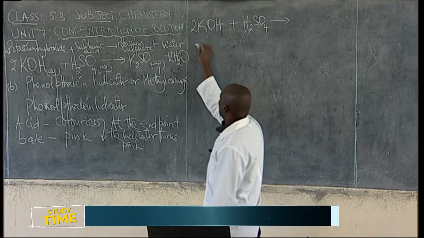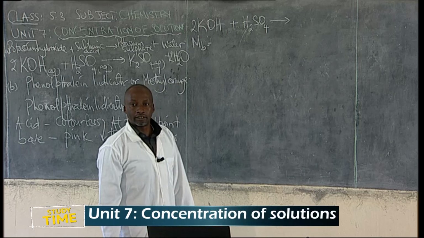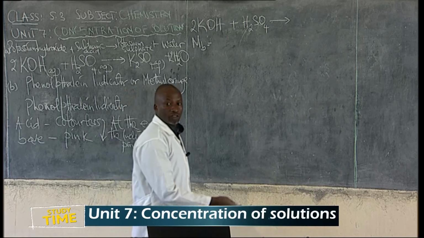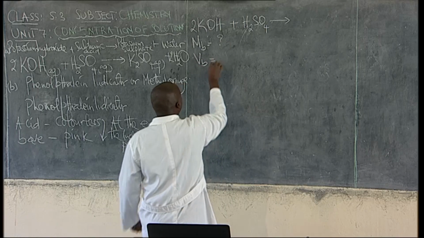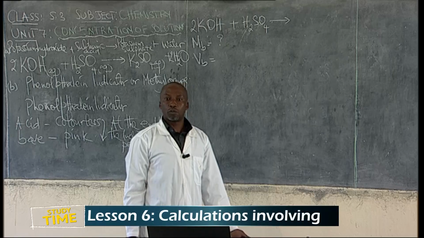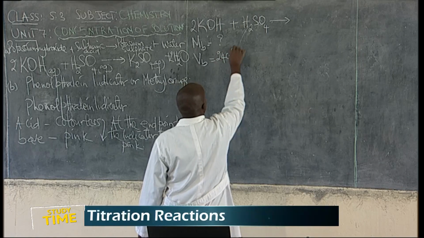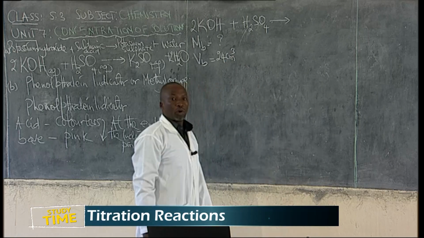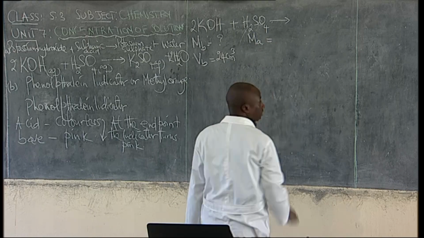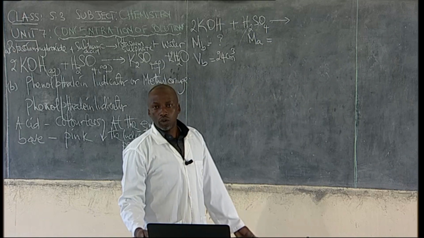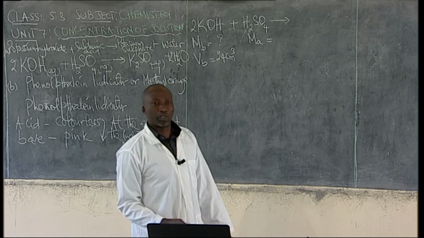You have the molarity of the base. Where is the molarity of the base? The molarity of the base is what we are asked for. Volume of the base, that alkali, what is the volume of the potassium hydroxide? 24 centimeters cubed. What is the molarity of the acid? When you look at the molarity of the acid, it is 1 mole per decimeter cubed.